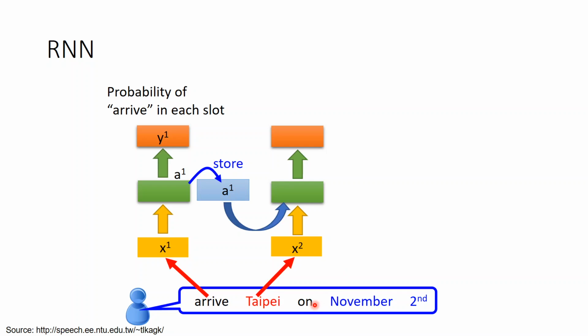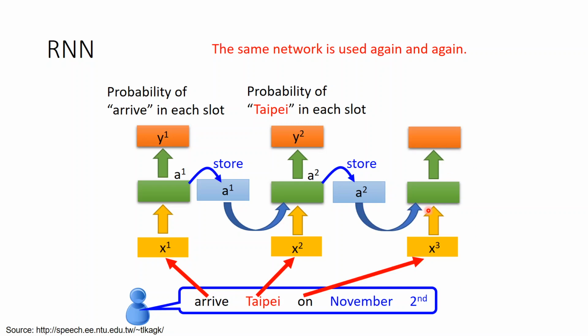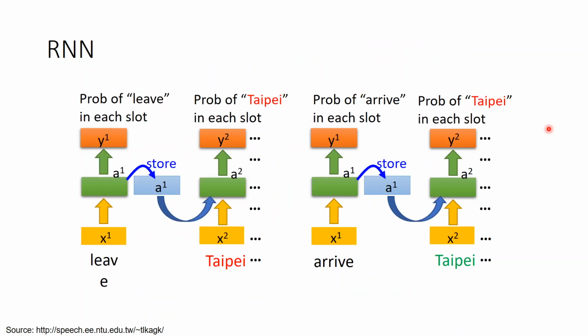And then the word Taipei will be handled by the RNN, using this as another input, and maybe Taipei has some probability in some slot, and so on. And you can use this for any kind of words.